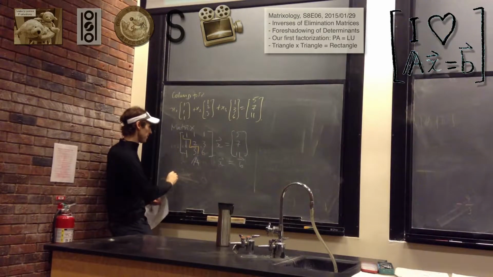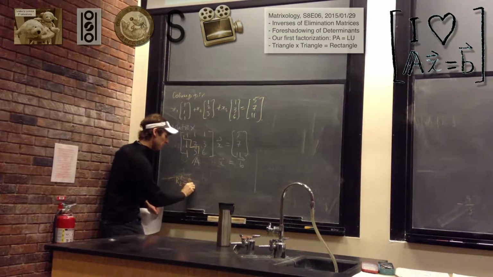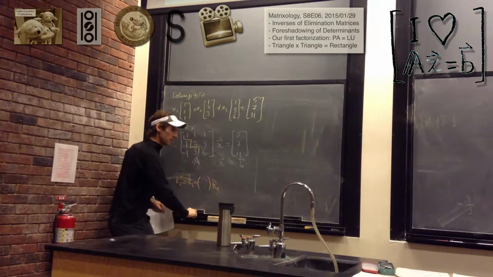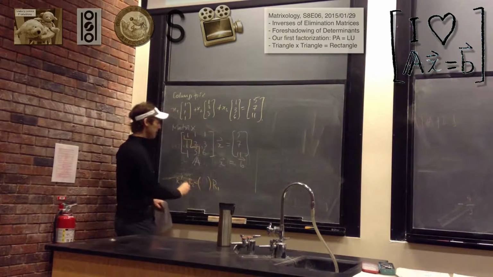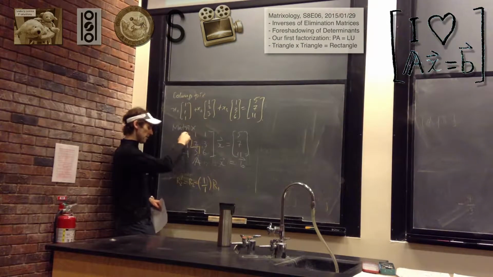So, row 2 prime equals row 2 minus something times row 1. That something is 1 divided by 1.